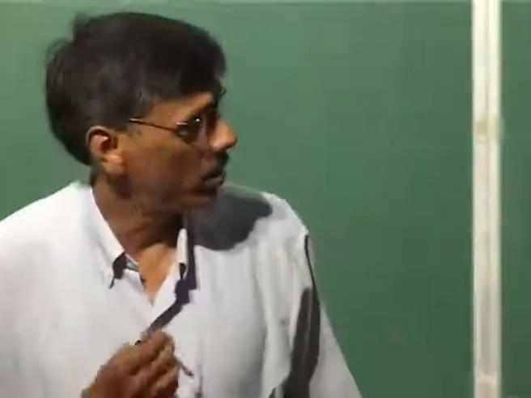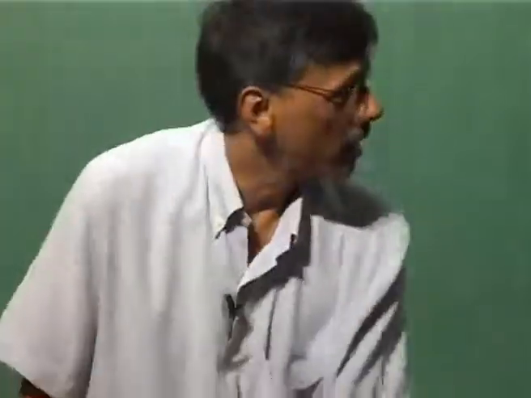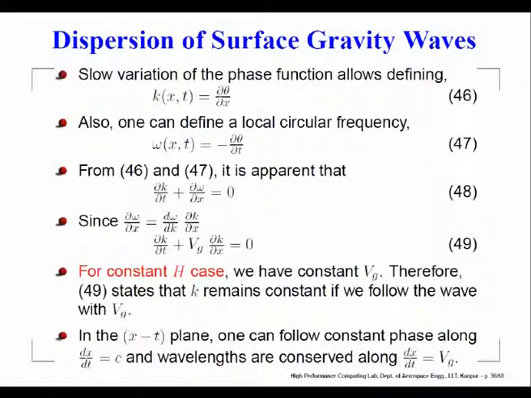We have been talking about the effect of dispersion as evidenced in various wave phenomena, and looking at surface gravity waves on water, we noted that not all the time you would have waves of a single wave number and circular frequency, and there we decided to define an arbitrary disturbance in terms of its phase function theta, and if we differentiate it with respect to space, we get the wave number.